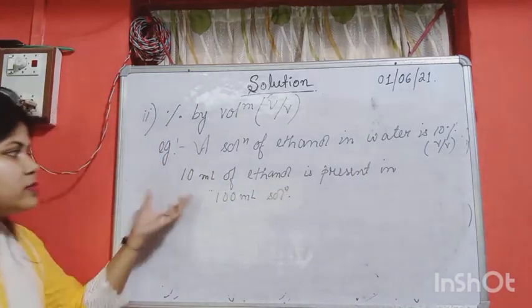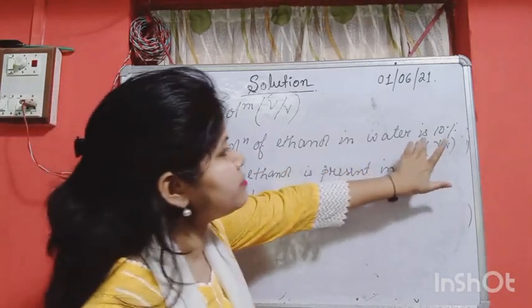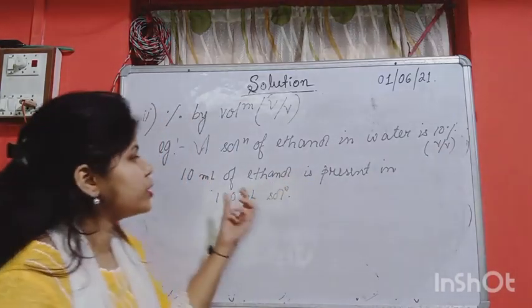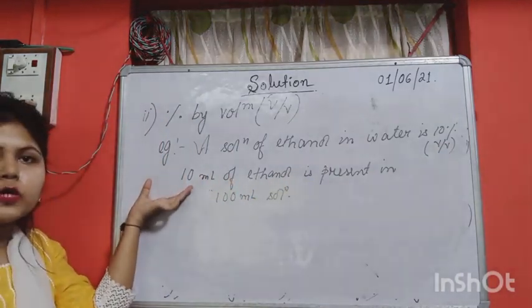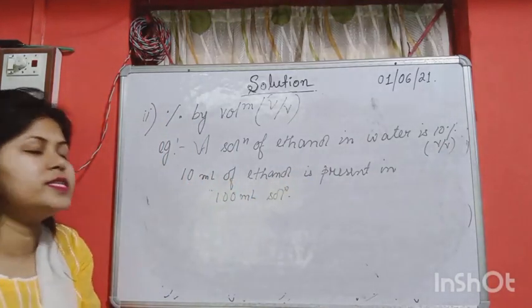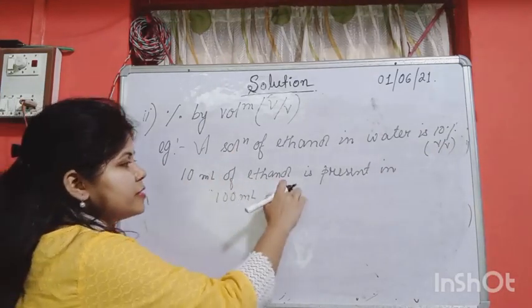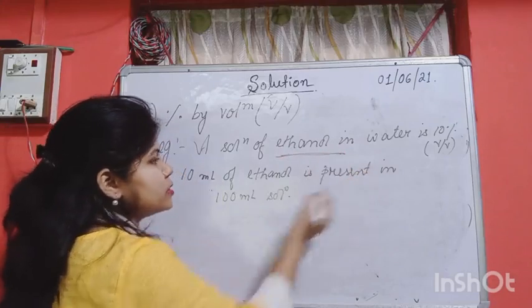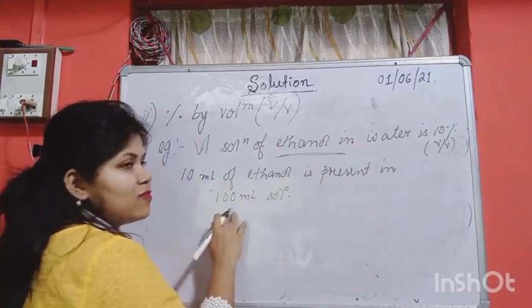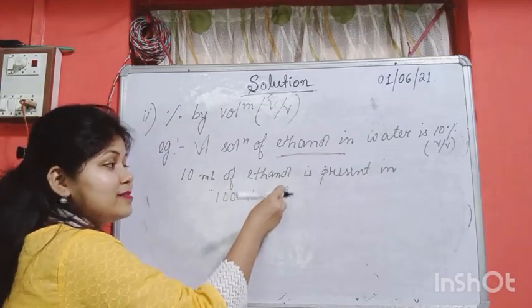From this line, as this 10% is given in V by V, 10 milliliter, because volume is represented by milliliter or liter or centimeter cube, so I am taking it as milliliter. So 10 milliliter of ethanol is present in 100 ml solution, not water, that is the solution.